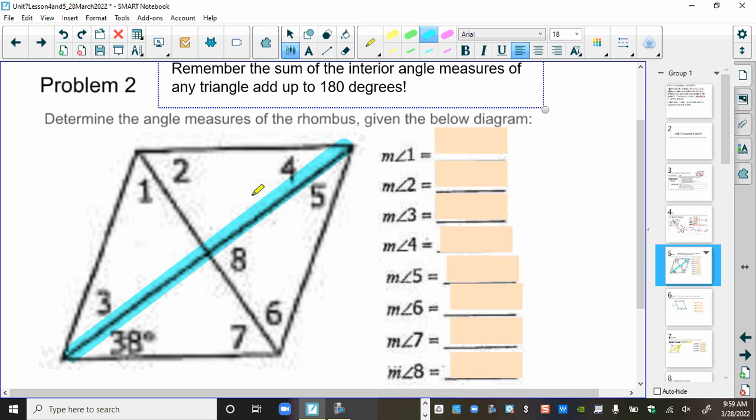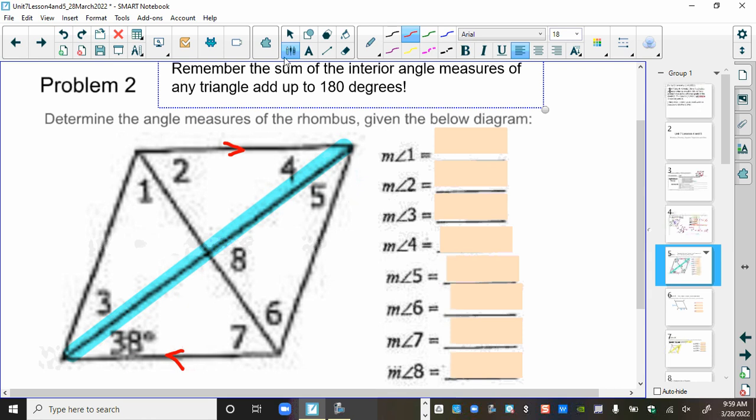Also, don't forget, if these sides are parallel up here, you also have something called alternate interior angles. So that's going to help you get, right away, in this diagram, angles 3, 4, 5.